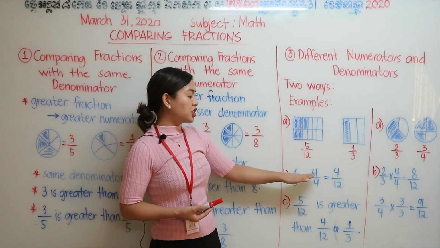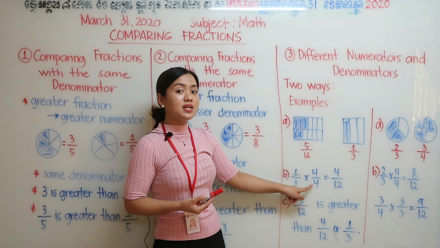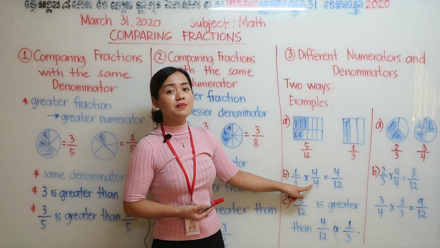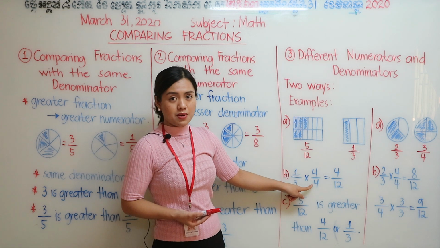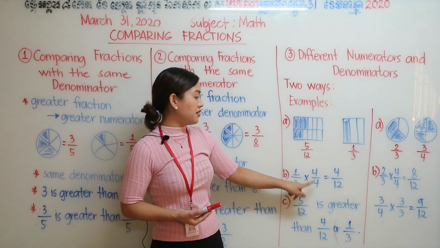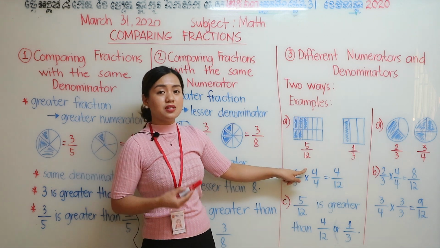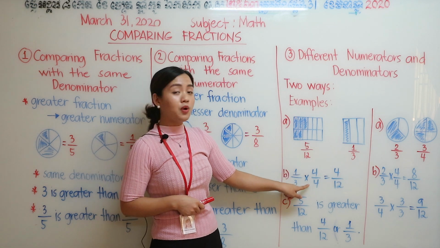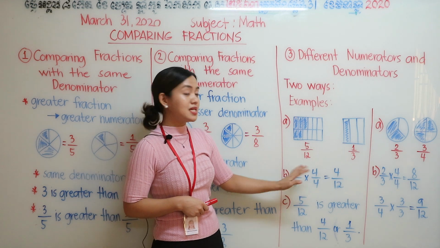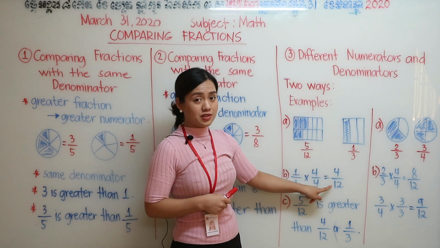And we can actually multiply this by the same number because we said before that any number multiplied by 1 will be the same number. And we said that a fraction that has the same numerator and denominator is also equal to 1. Okay, so 4/4 is equal to 1. It's the same number. Now we have here 4/12.